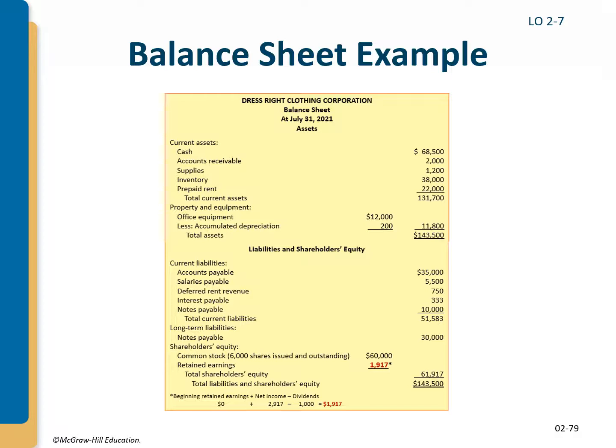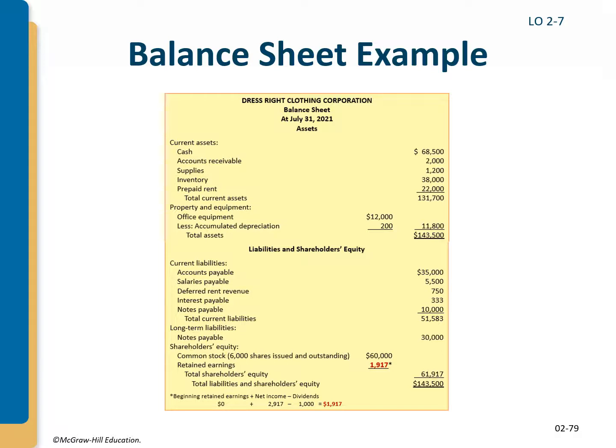Next, we have liabilities and shareholders' equity. All the liabilities except for the one note payable, the one that is due, I think it was 2 years, are current liabilities. Most liabilities will be current. Accounts payable, salaries payable, these are right off the adjusted trial balance. Deferred rent revenue, interest payable, and notes payable.